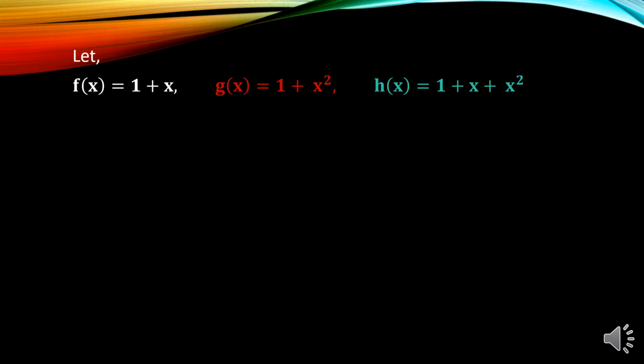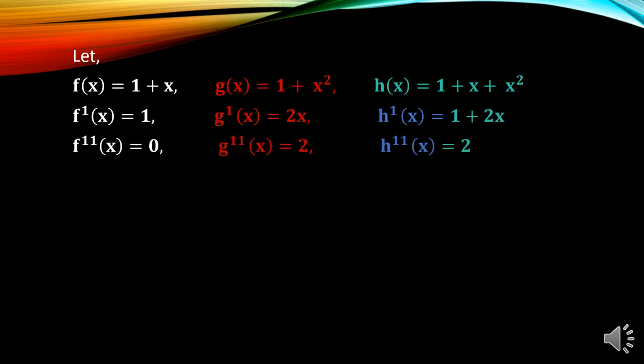Now we need to get the first derivative for f of x, for g of x, and h of x. Then we also need the second derivatives of those same functions, for f of x, g of x, and h of x respectively.